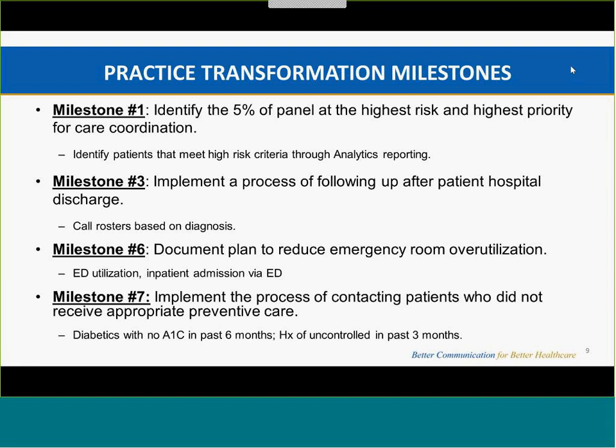But for instance, being able to run a query through the DHIN with all of the data that we have, looking at diabetics who haven't had a hemoglobin A1C test in the last 6 months, which follows clinical guidelines on best practice. And then those patients that have a history of uncontrolled diabetes, the clinical guidelines recommend that they have a hemoglobin A1C every 3 months.